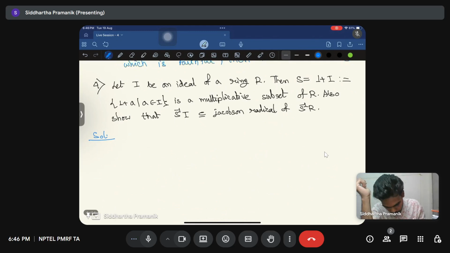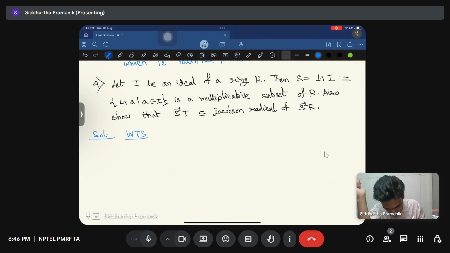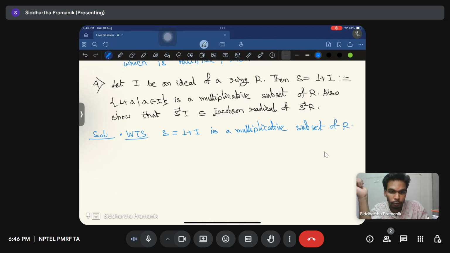We want to show, in the first part, that S equals 1 plus I is a multiplicative subset of R. What do we have to check? We have to check two things.